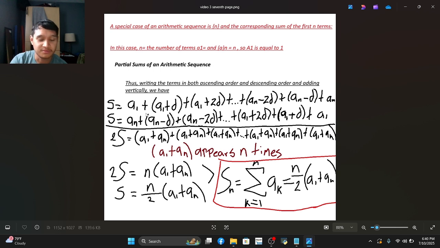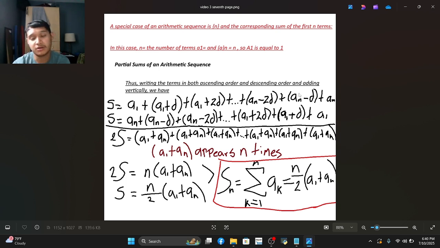A sub 1 plus a sub 1 plus d, right? We know that if we keep adding a sub 1 plus the second term, a sub 1 plus the differentiator, a sub 1 plus 2 times the differentiator, at the end of the day we're going to have a sub n minus d plus the a sub n term.